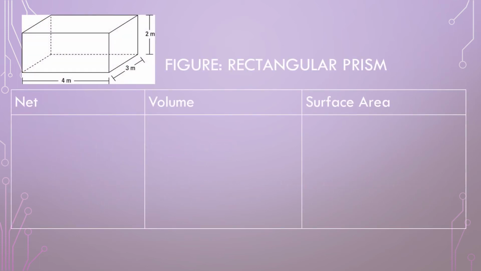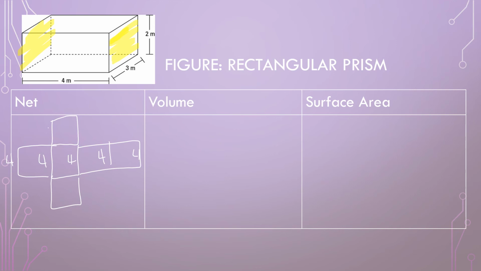So since I messed that one up, apparently, I gotta draw my net again. So my two bases are here, and the lateral height is 4. So those are all 4.